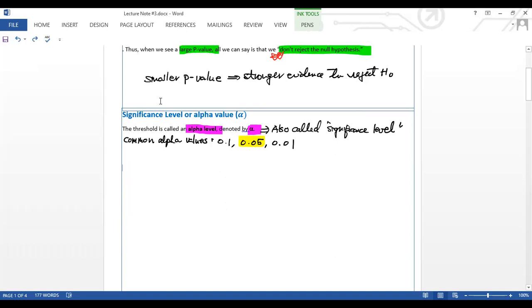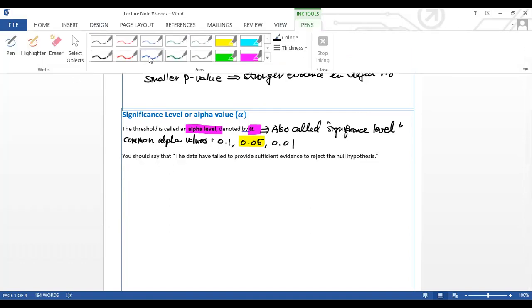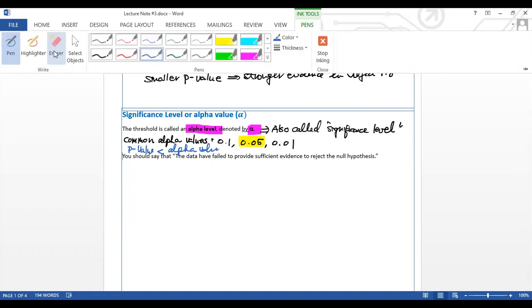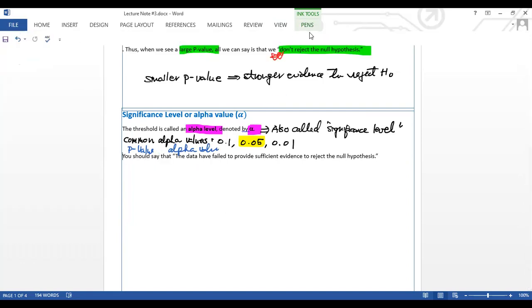If your p-value is greater than your alpha value, so the p-value is big enough, then you say your data fail to provide sufficient evidence to reject the null hypothesis at that level.